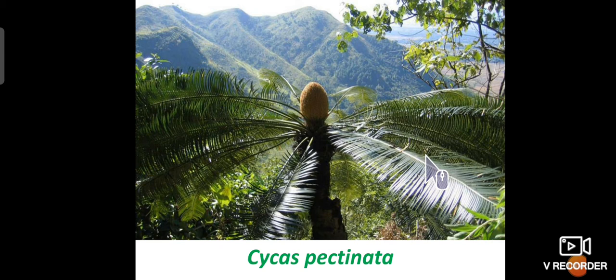The next species of Cycas is Cycas pectinata. This is also known as Nepal Cycas. These plants grow in the wild in Nepal, Sikkim, Parasnath Hills of Bihar, plains of Assam, Manipur, as well as Bangladesh.